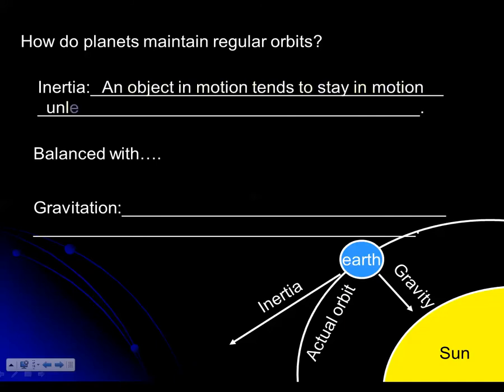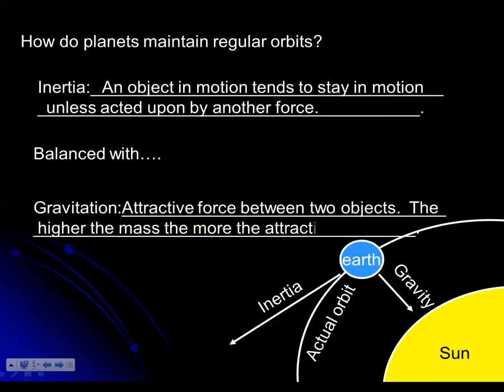Now, how do planets maintain their orbits without flying off into space? We know that the Earth is moving around the sun pretty fast, so it has inertia. An object in motion tends to stay in motion unless acted upon by another force, and Earth is acted upon by another force, and that's the sun's gravity. So the gravitational attraction between the Earth and the sun, because they both have gravity, the sun just has a lot more, is holding the Earth in orbit because it's exactly balancing the inertia force.